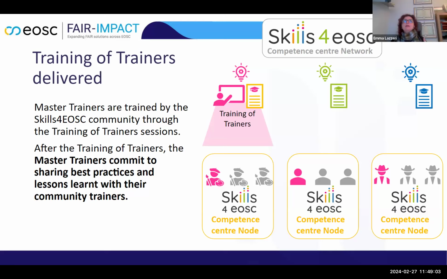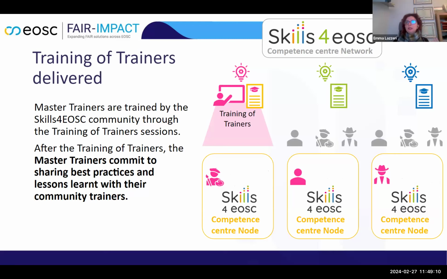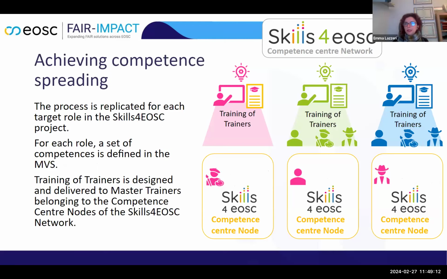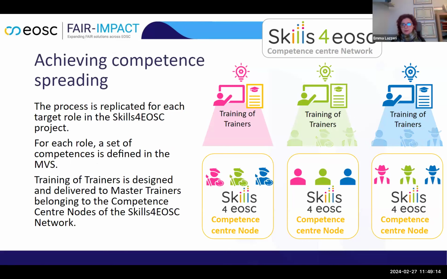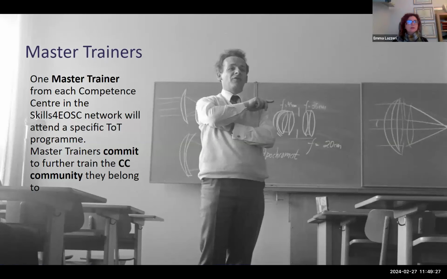And this is done for all the roles, the minimum viable skill set, and the material that the project is defining and will define in the next months. So this way, we would like to achieve an alignment at the European level regarding the different competencies and skills.